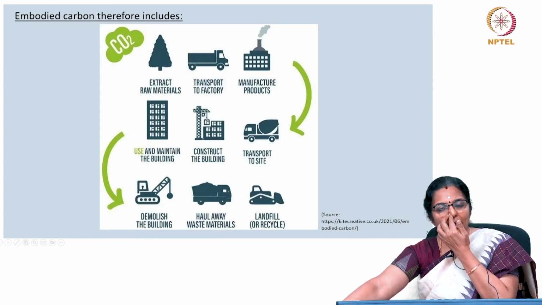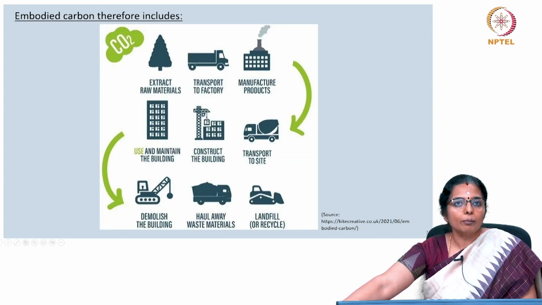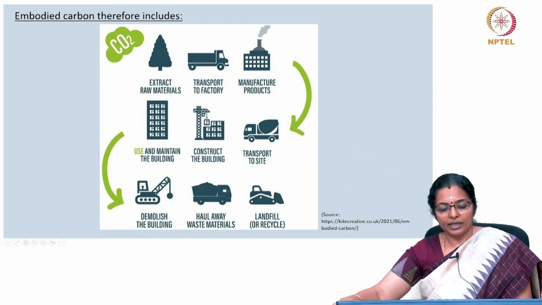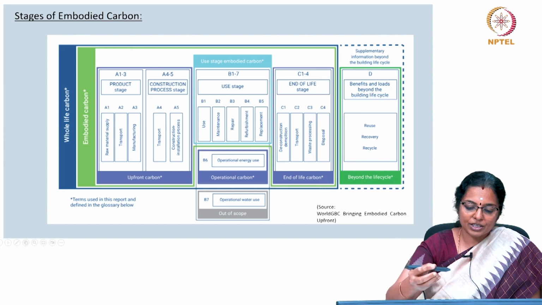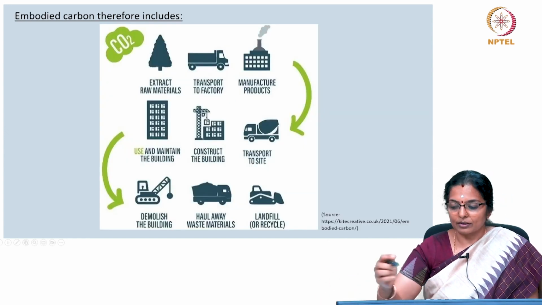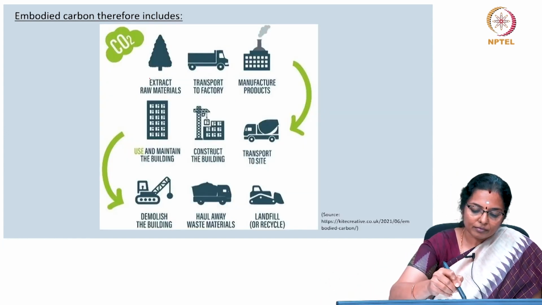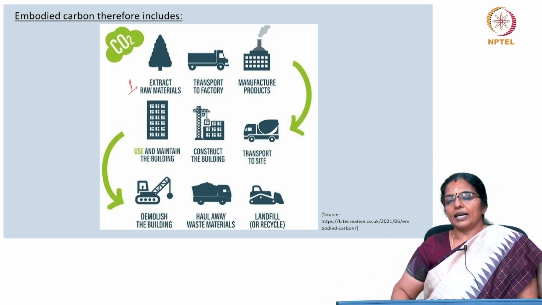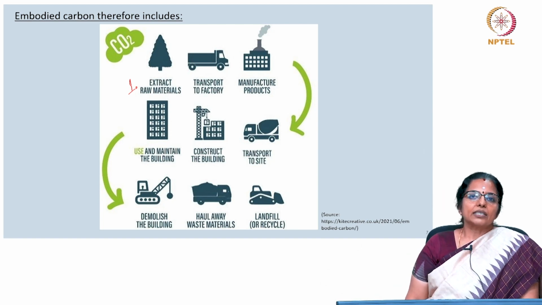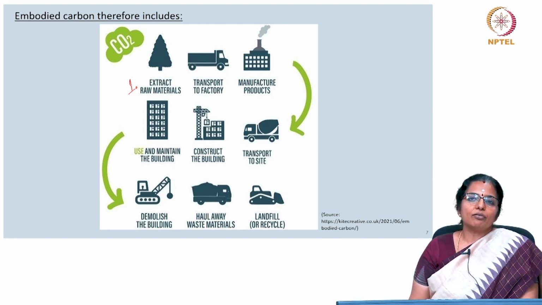Let us now look at what all comprises embodied carbon. Embodied carbon includes extraction of raw materials. Number 1. Now, how will that vary? Let us take an example. Suppose you have to manufacture brick.